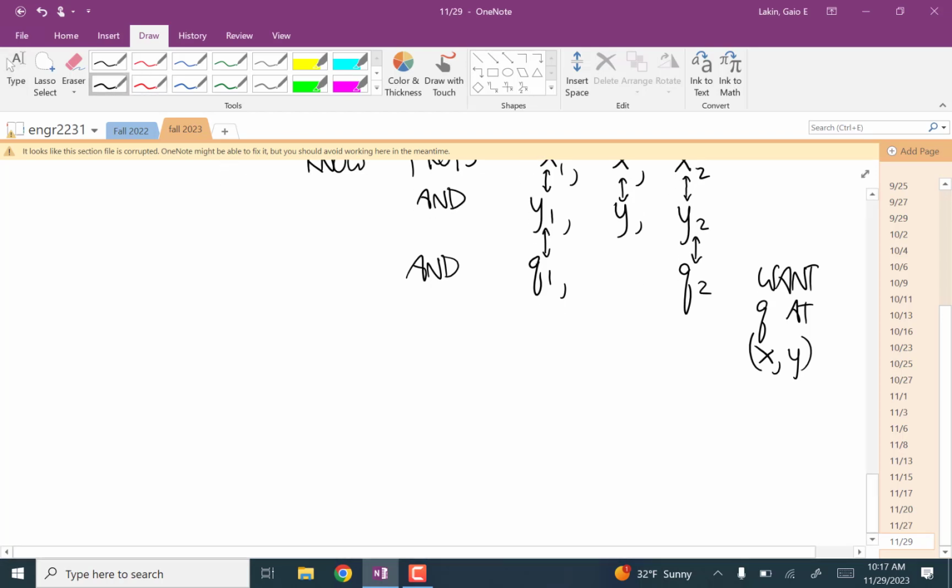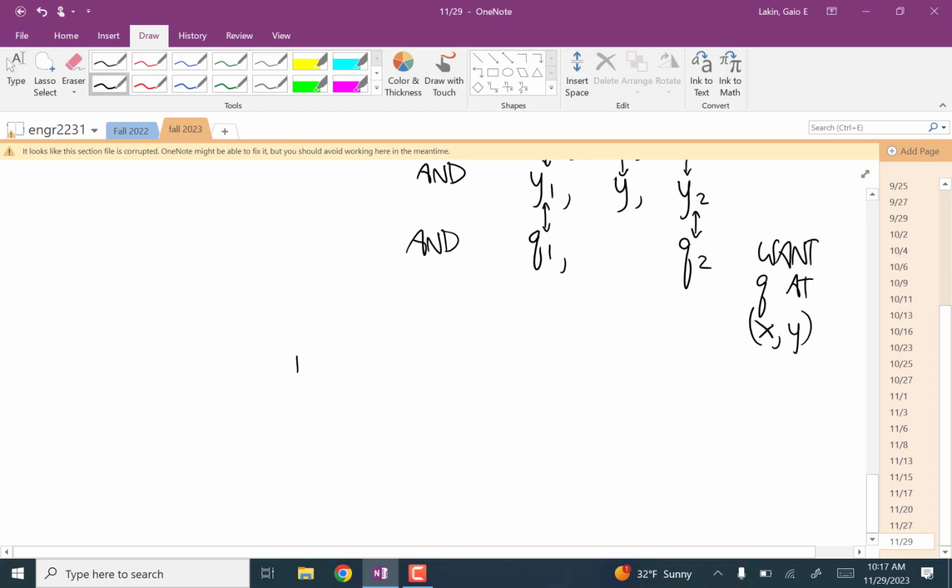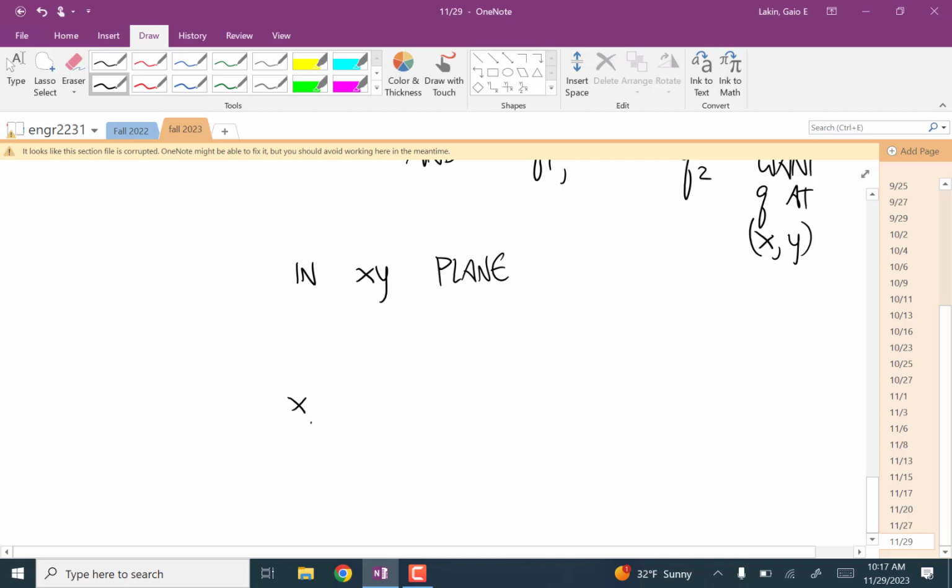Then in the xy plane, you have x1, y1; x1, y2; x2, y1; and x2, y2.